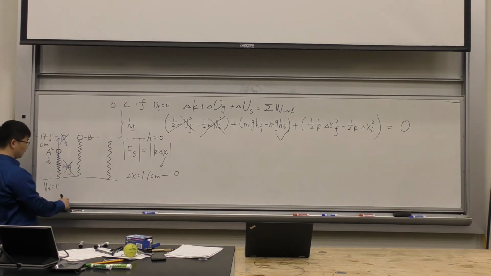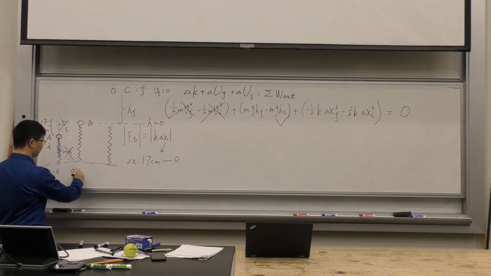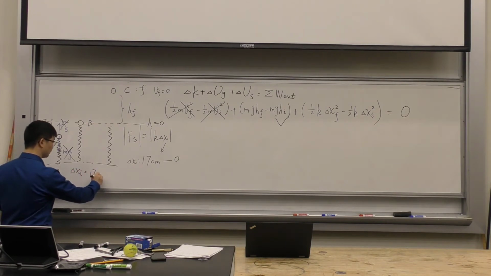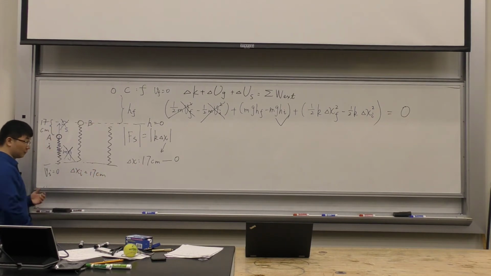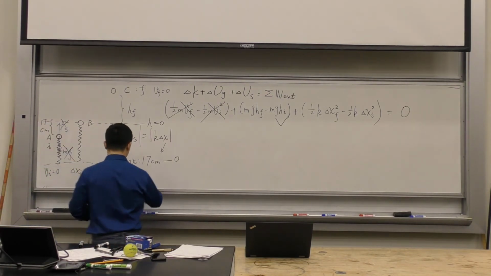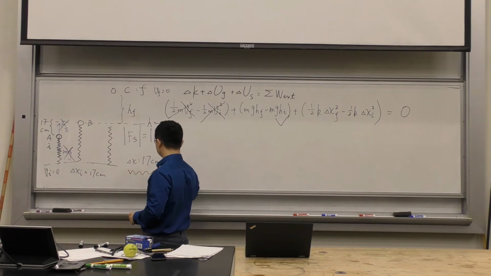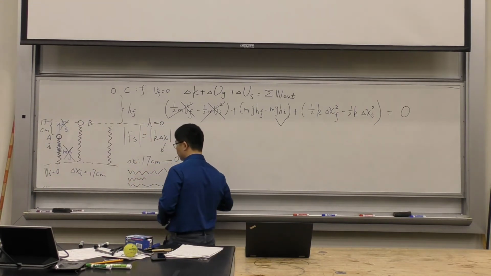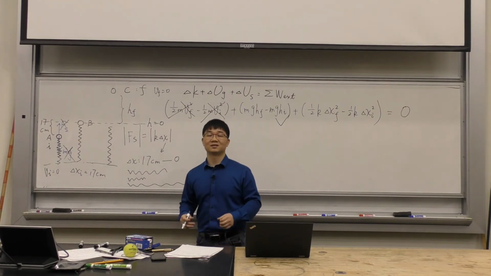So of course, the data xi I plug in is going to be 17 centimeters, right? Some people may say, well, why don't we call it negative? You can call it negative, that's fine, but the square is going to take care of that. So with a spring, it doesn't matter if it's compressed or stretched, you don't really need to worry about the sign.